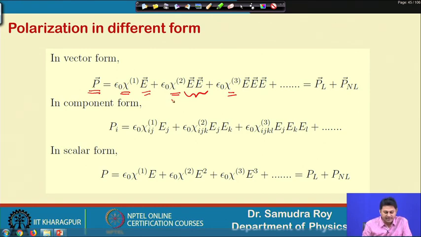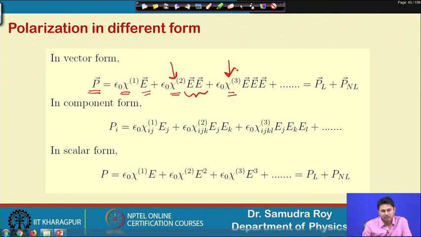So, in order to understand that polarization is a vector quantity, we need to use this particular form as a more realistic representation. If I say polarization P on the left hand side is a vector quantity, the right hand side should also be a vector, but here these terms are normally tensors.